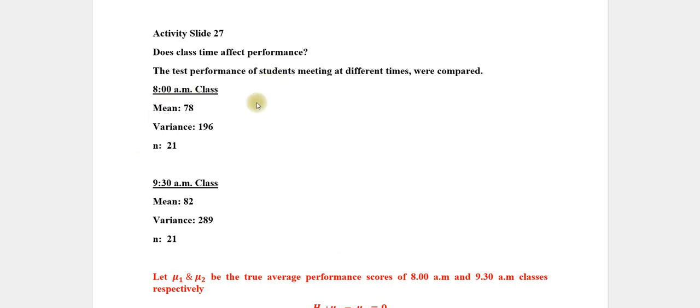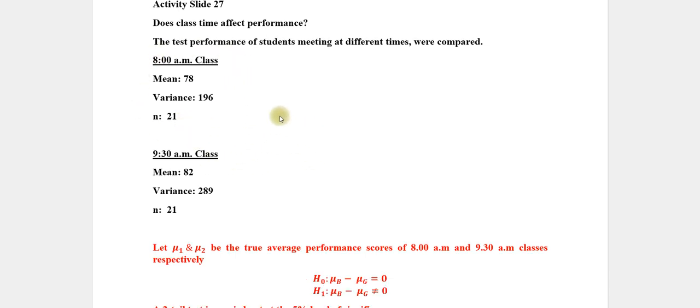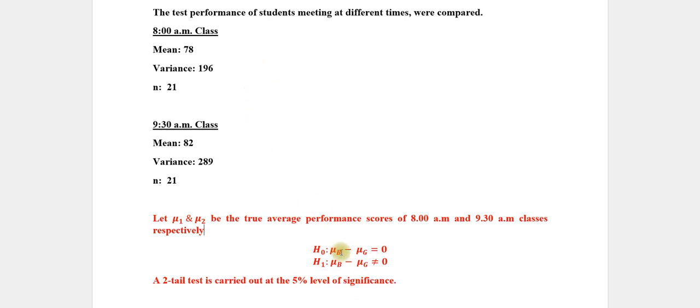So as I said to you, if this is not mentioned, you take it to be 5%. But either the hypothesis testing or the confidence interval are the two ways that you can go through this. So it's mu1 minus mu2 equal to 0 as usual.